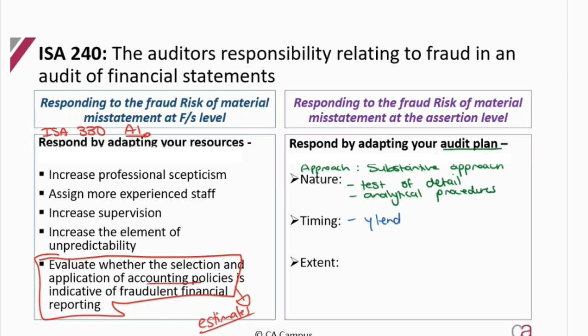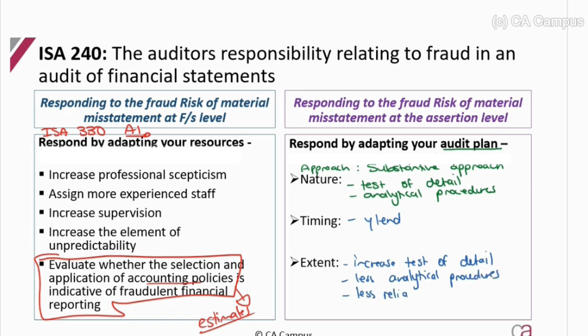And your extent, you will do increased tests of detail, and you'll do less analyticals. You will also note here that you will place less reliance on management rep letters because there's been fraud. So I don't know whether their management representation letters are actually quite fair.